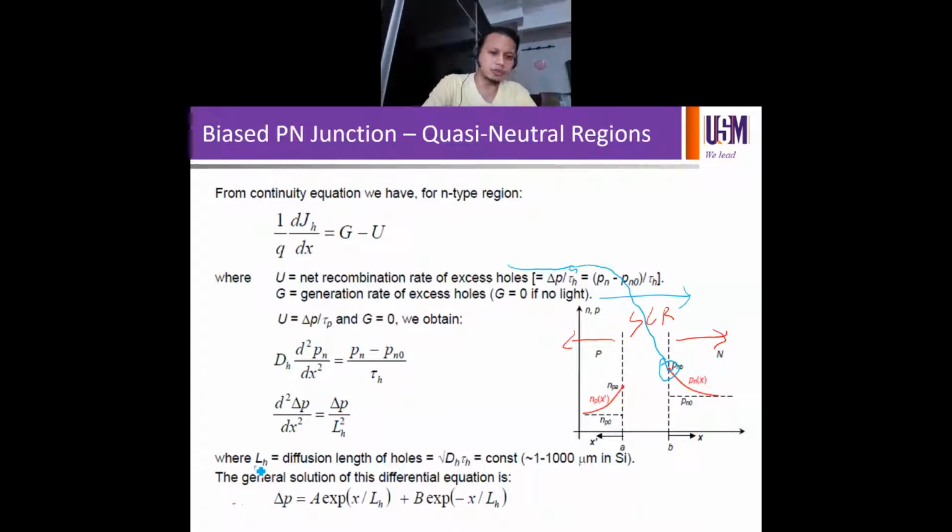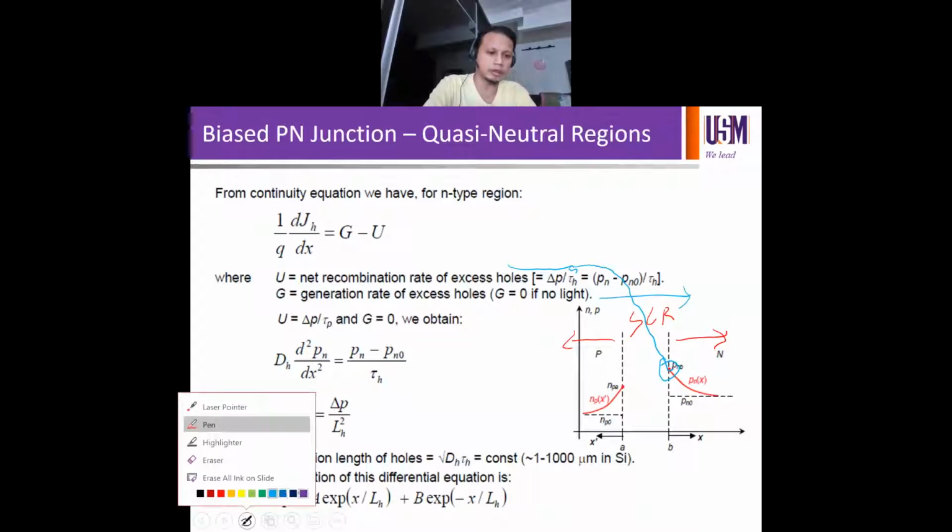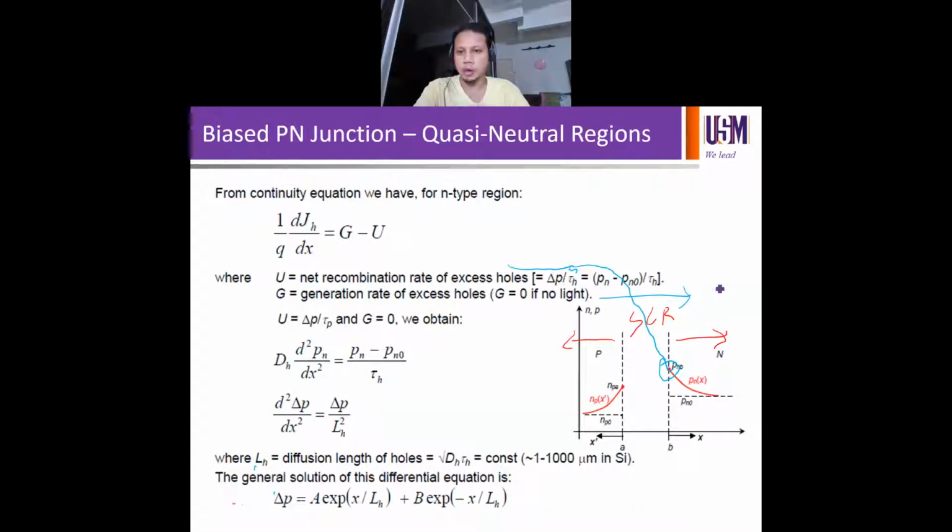So the same goes for minority electrons, where we have already looked at this curve, and now we want to use the NPA as your starting point in order for you to know the minority carrier densities in the quasi-neutral region as well. So we're going to look at the equations given here, P and X and NPX.